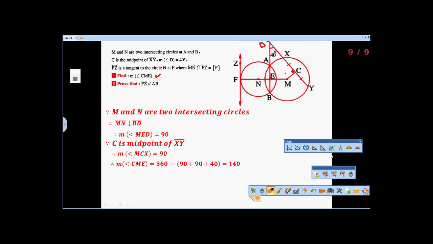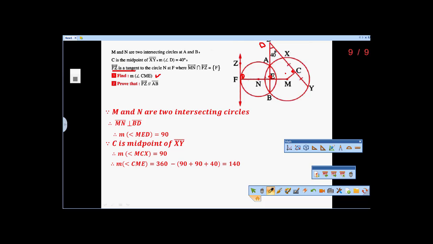We know that FZ is a tangent. If FZ is a tangent and NF is a radius, it means the measure of this angle is equal to 90 degrees. And also we have the measure of this angle, at AB, is 90.